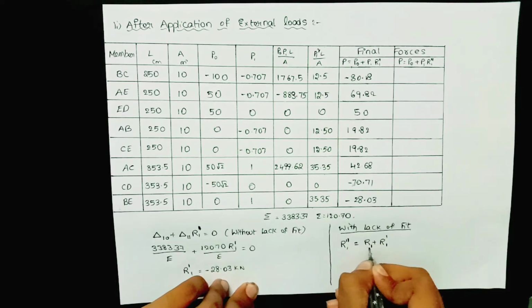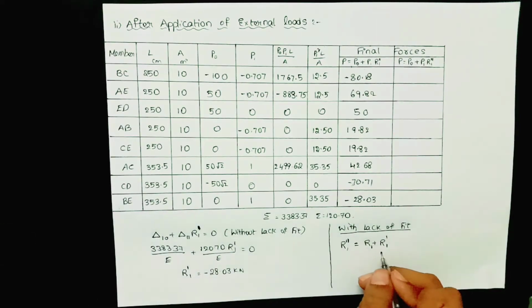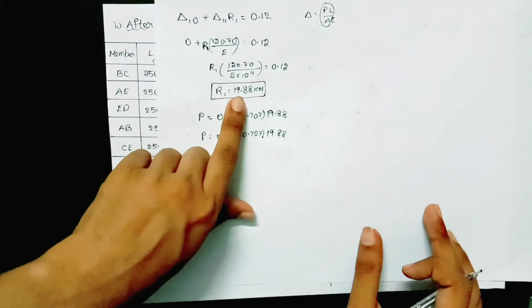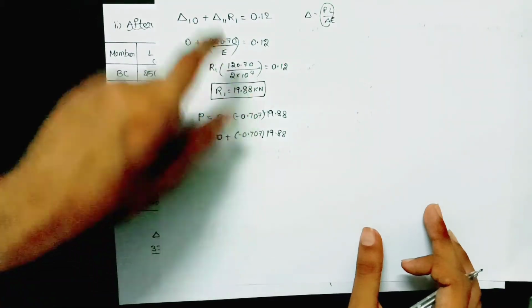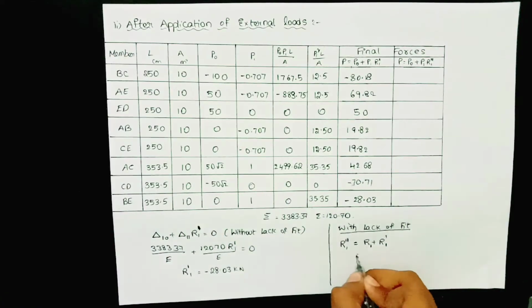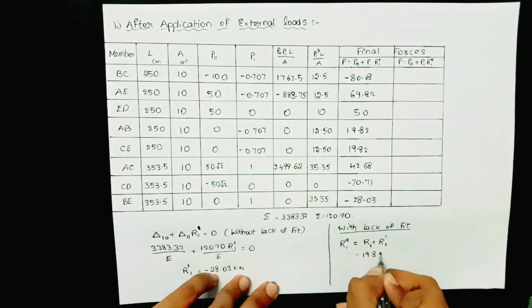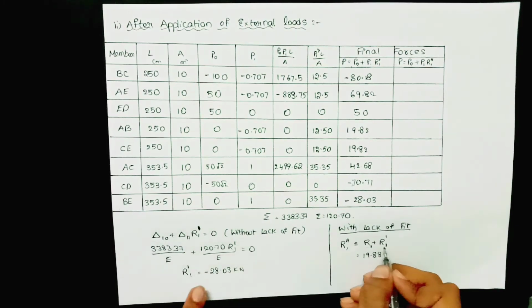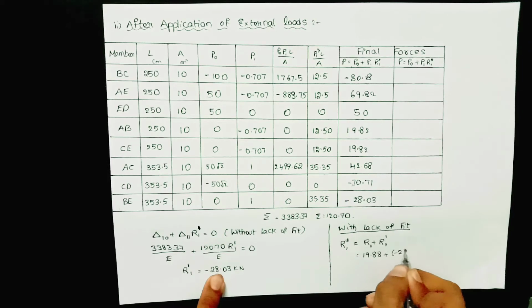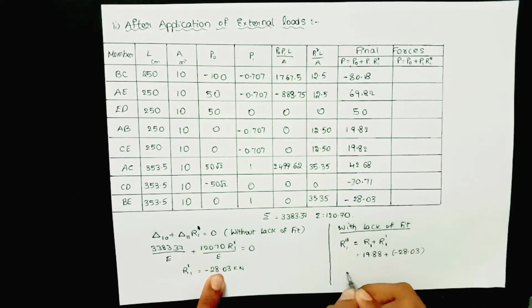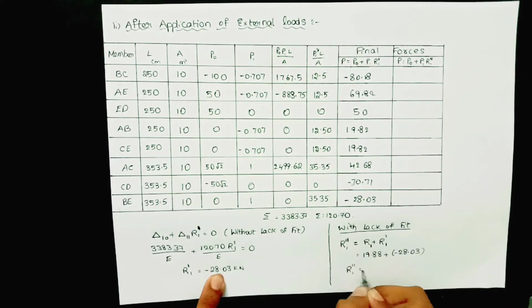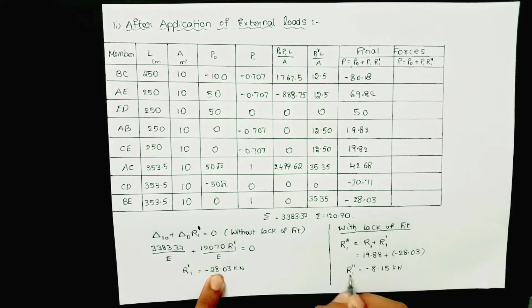So r1 is obtained from the first question, and we have already calculated the r1 dash. This is 19.88 kilonewton. So I will place 19.88 kilonewton plus r1 dash we have just calculated now, minus 28.03. Now the value of r double dash is calculated as minus 8.15 kilonewton. So we have obtained the value of r double dash.